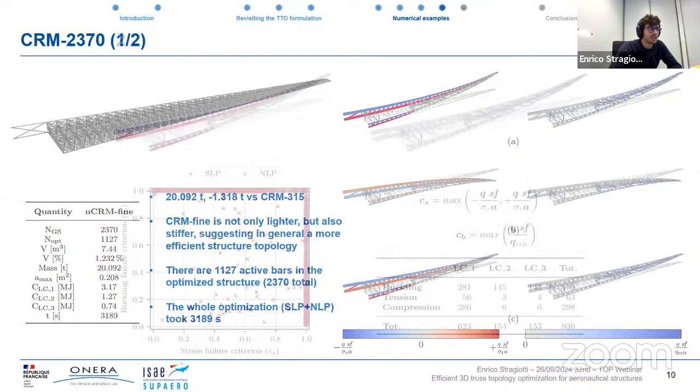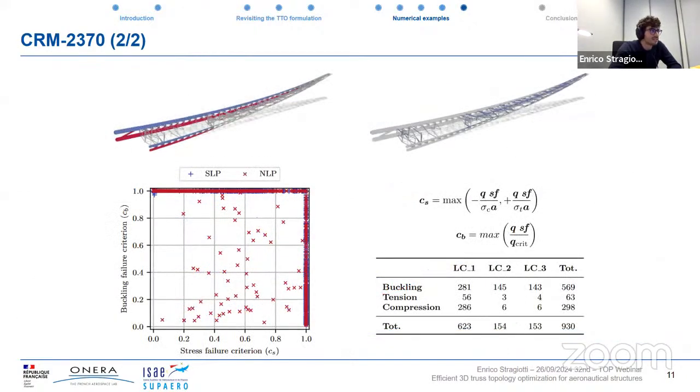In the paper, we analyze a little bit better which are the most important constraints for this specific problem, and which is the load case that actually constrains the structure the most. But in general, I won't get into details here.